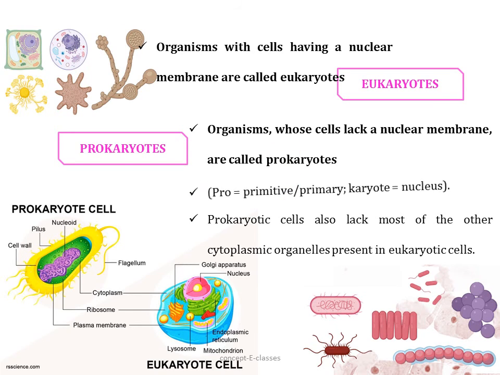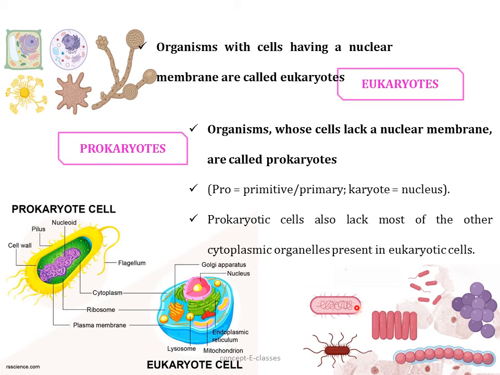Pro meaning primitive and karyote meaning nucleus. So prokaryotic cells not only lack a nuclear membrane, they also lack most of the other cytoplasmic organelles present inside eukaryotic cells. We'll study more about the cytoplasm in the next part.